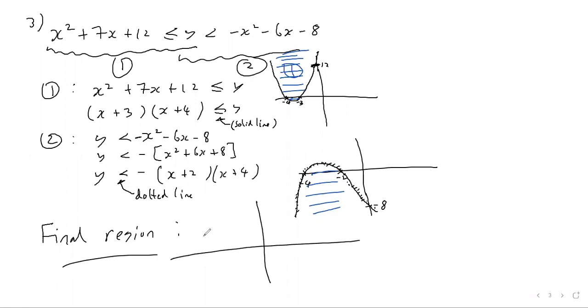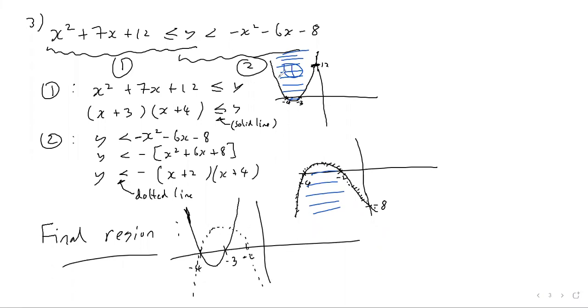We've got our first one, which goes like this, with -4 there, -3 there. We've got the dotted line, which goes from -4 to -2. The roots are -4 and -2.